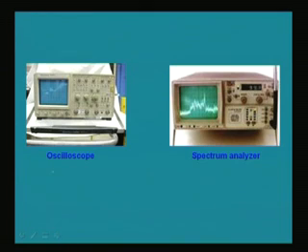This is the oscilloscope, which gives the vibration signal with respect to time. So the horizontal axis will be time and the vertical will be the magnitude of the signal, that can be either displacement, velocity, acceleration, or voltage. And this is the spectrum analyzer, which converts this time domain data into the frequency domain.